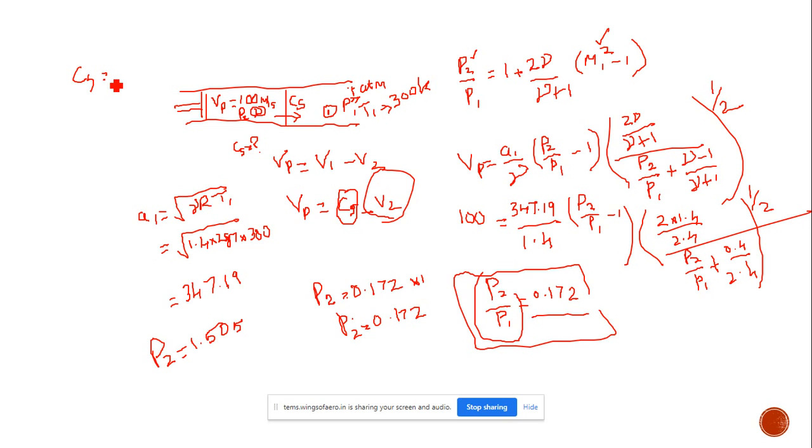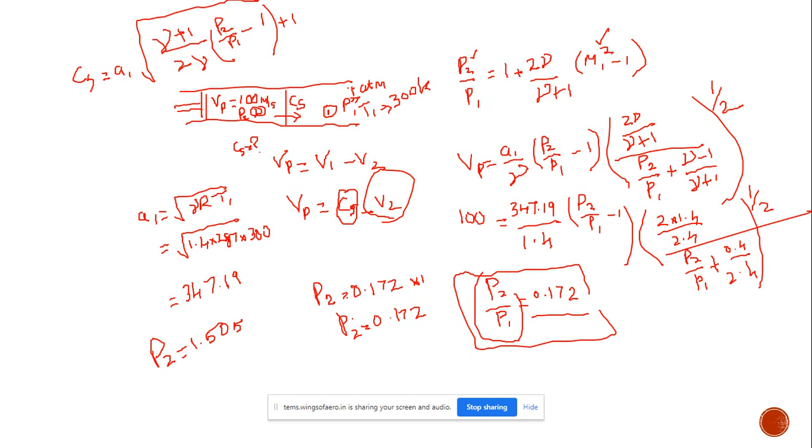Here we have one formula: CS equal to A1 into square root of gamma plus 1 divided by 2 gamma into P2 by P1 minus 1, plus 1. Okay, this plus 1.